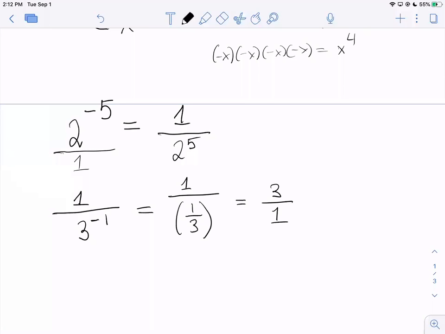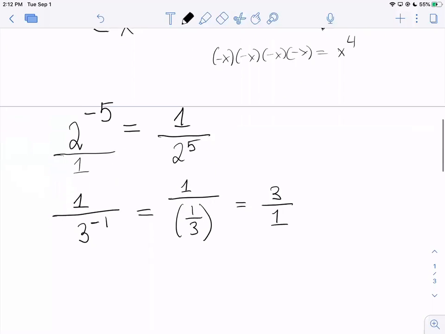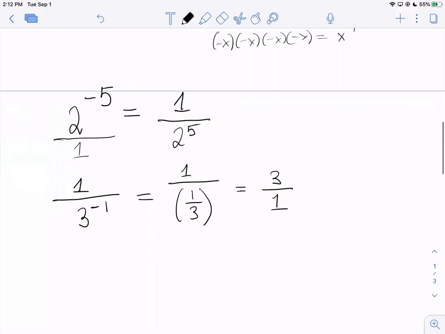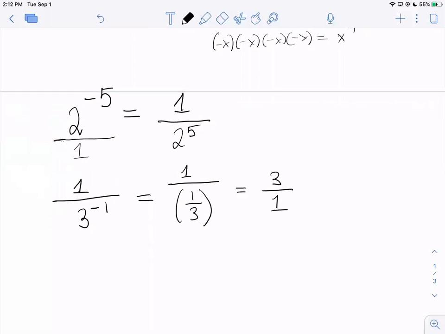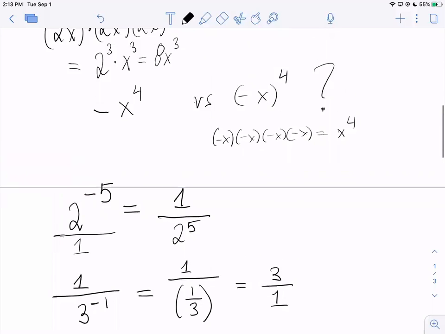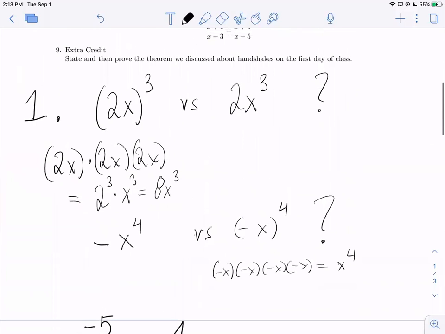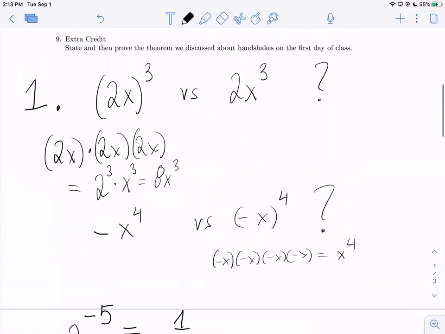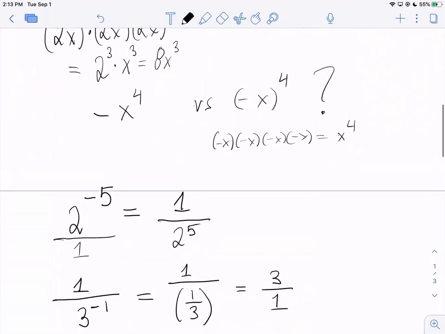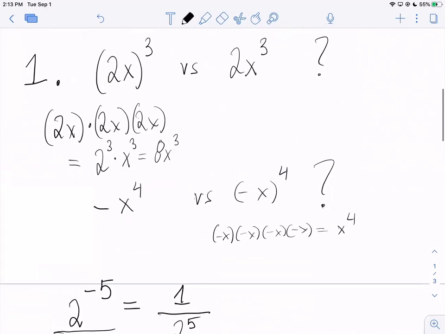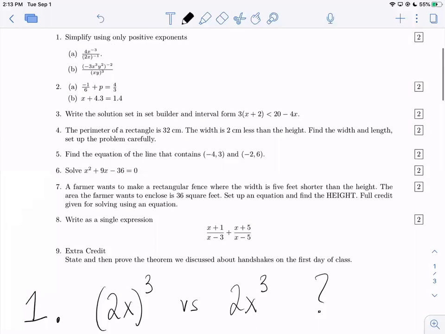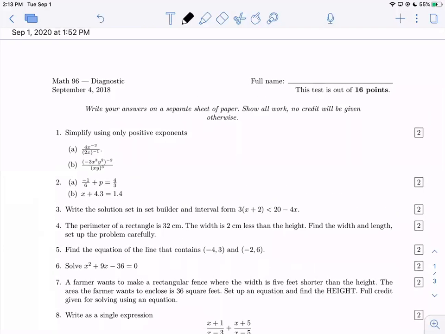So using these rules, that negative exponents flip things across a division, or a bar, and being super careful with parentheses, these rules are all you need to know to master question 1. And believe it or not, question 1 is the one that I find most students struggle with.